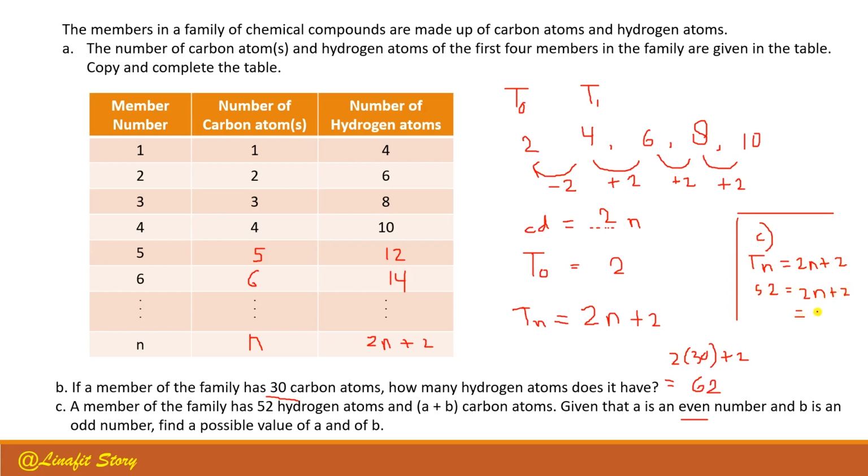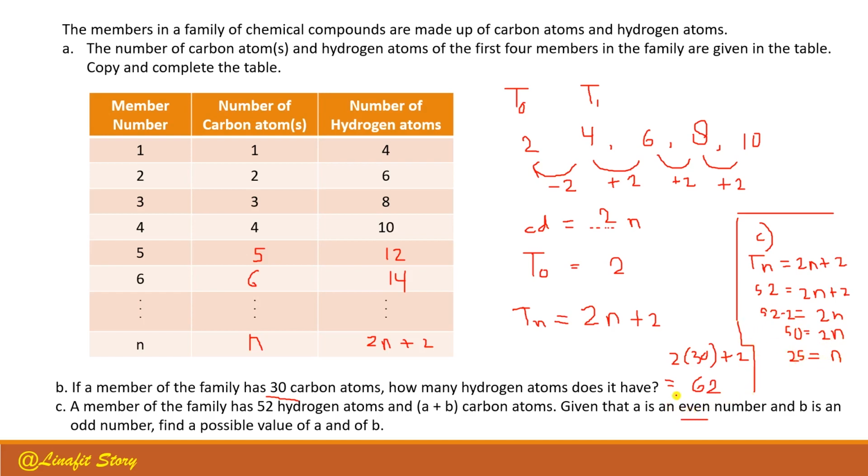So 2n is equal to 52 minus 2. 50 is equal to 2n. 2n means 2 times n. So n is equal to 50 divided by 2 is equal to 25.